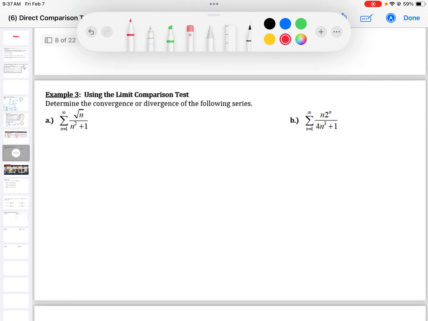All right, so for this one, I'm going to do the limit comparison test. What should I compare it to? I'm going to compare it with something that we know. It's just going to be square root of n over n squared, just looking at those highest exponents.